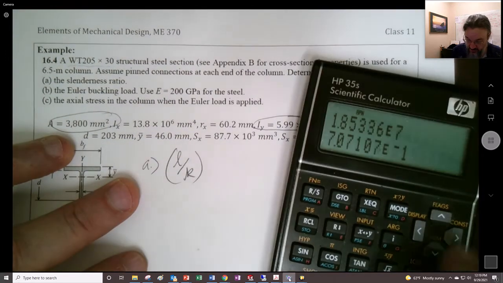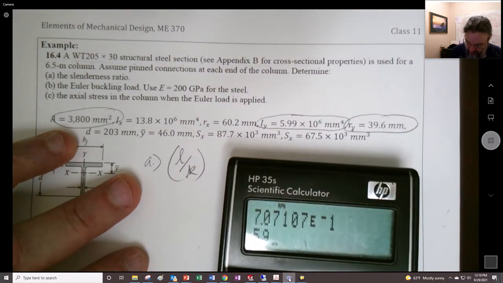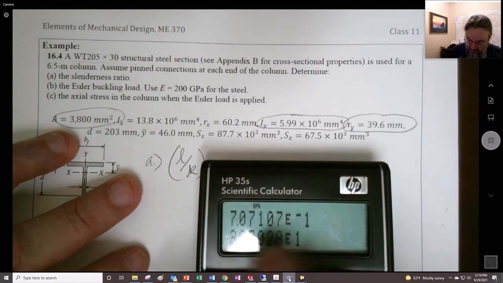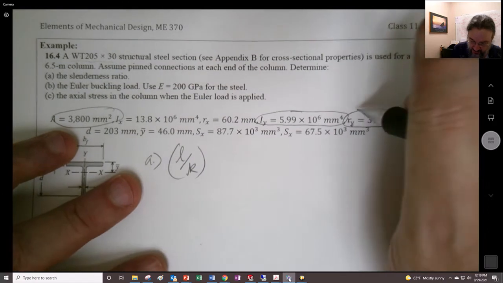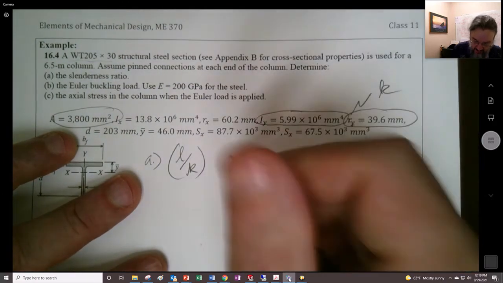If we took our 5.99 E6 and divided it by 3,800 and took the square root, you would get 39.6.